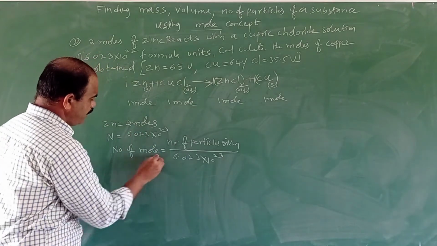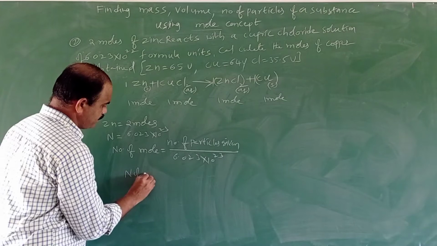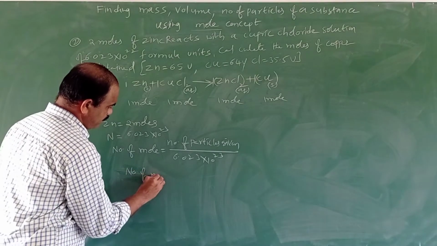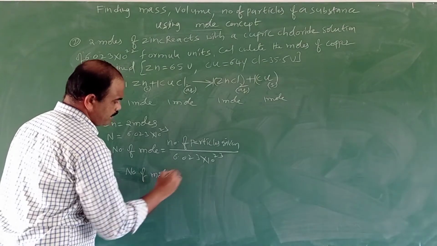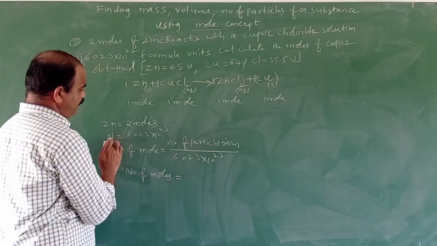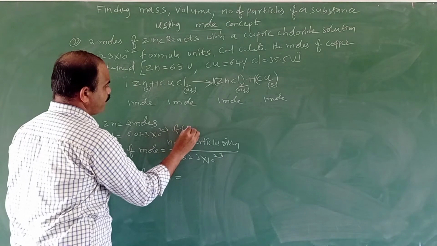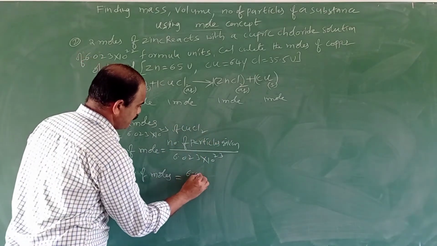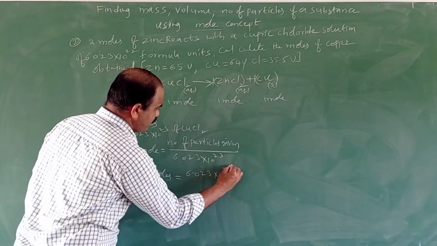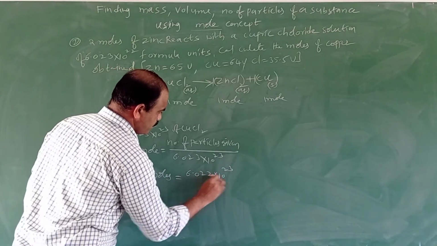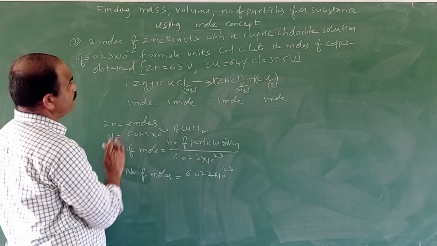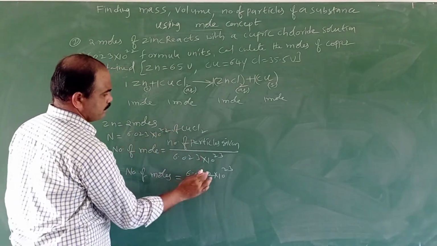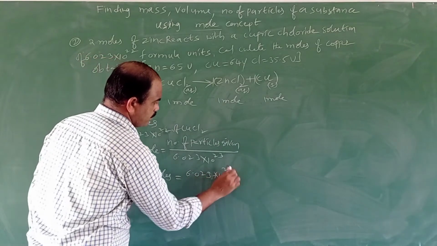So now number of moles is equal to the number of particles given. This is the number of particles of cupric chloride, that is 6.023 into 10 power 22.